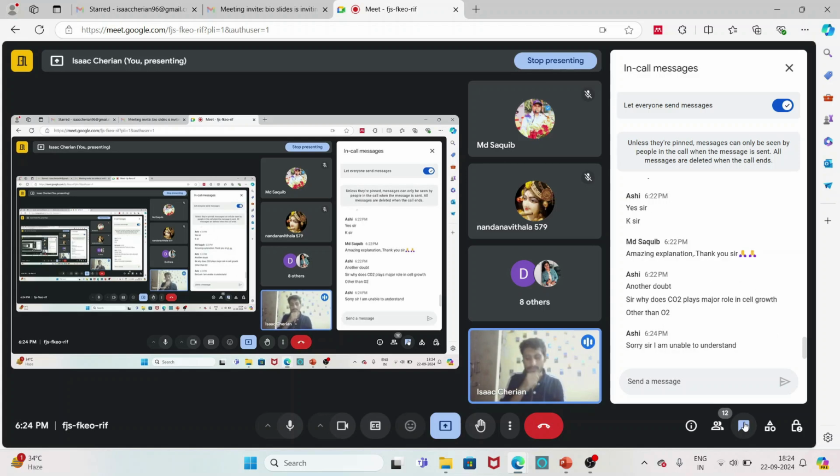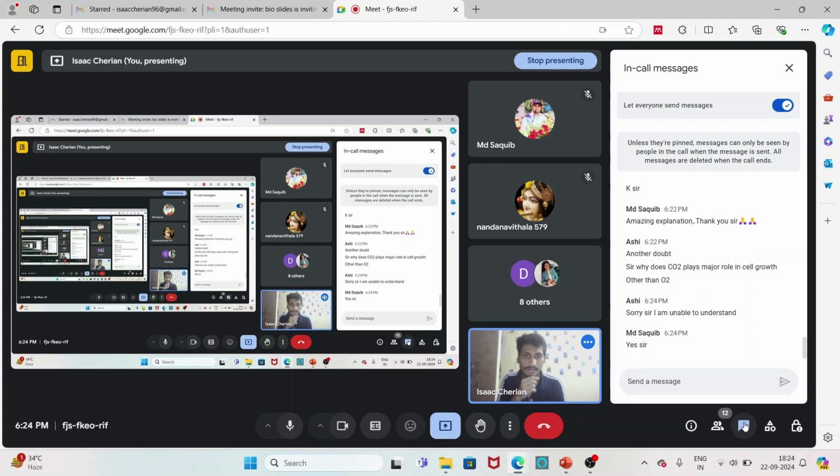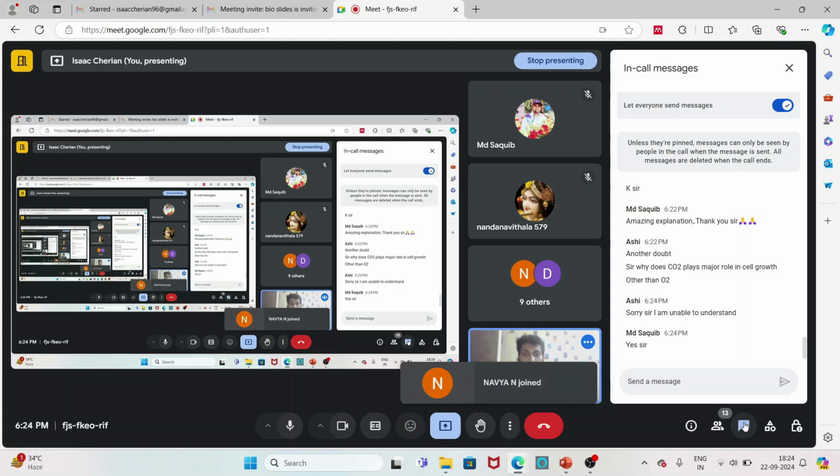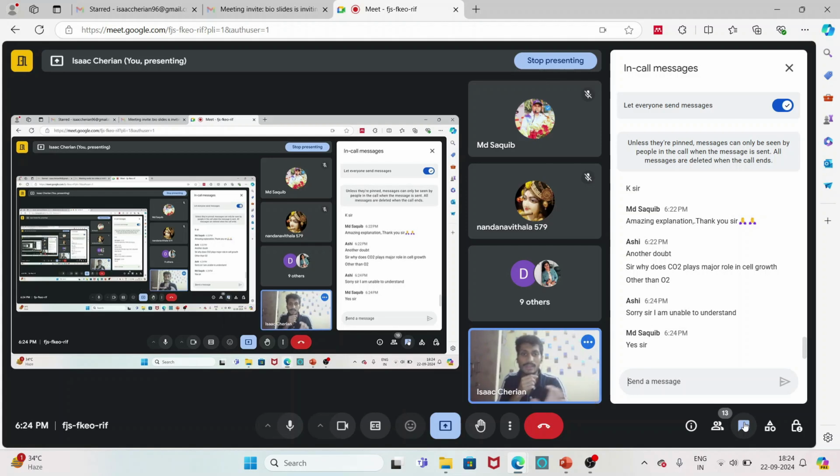I will explain it once more. You are growing cells in a CO2 incubator. The carbon dioxide produced within the culture combines with water to produce carbonic acid: H2O plus carbon dioxide gives H2CO3.